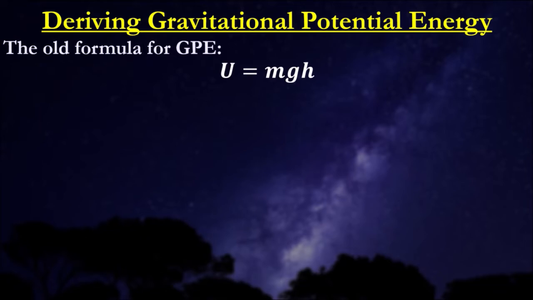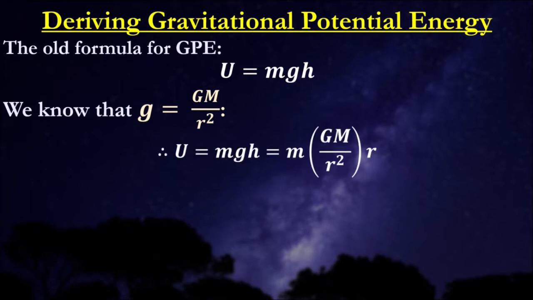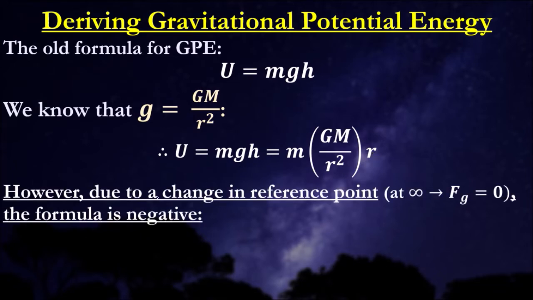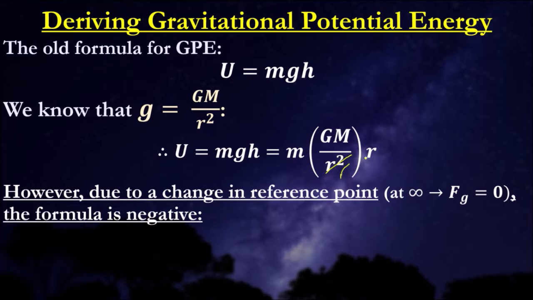So this is our old formula. We know what the variation of g is. That's given by our formula here. So we're going to substitute g into our original formula, and we get this new little depiction here: GMm divided by r squared times r. Now we also know that there is a reference point change. So firstly, just cancel everything out here, so we get this equation here.